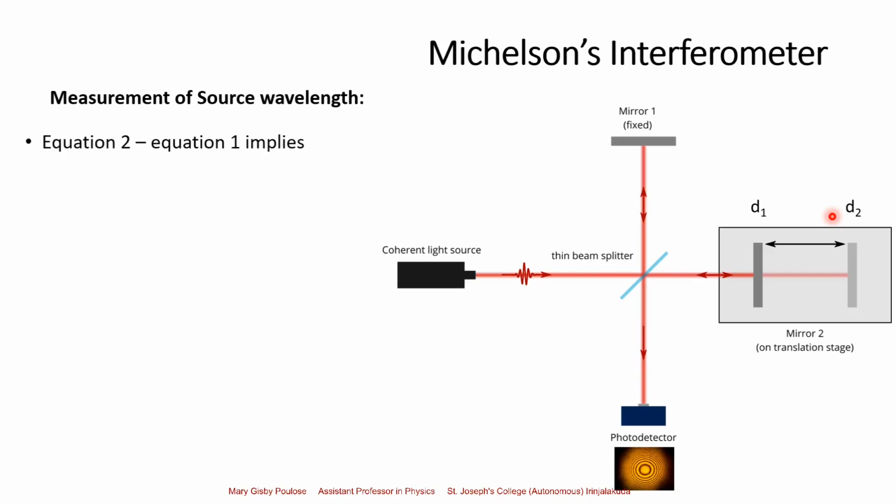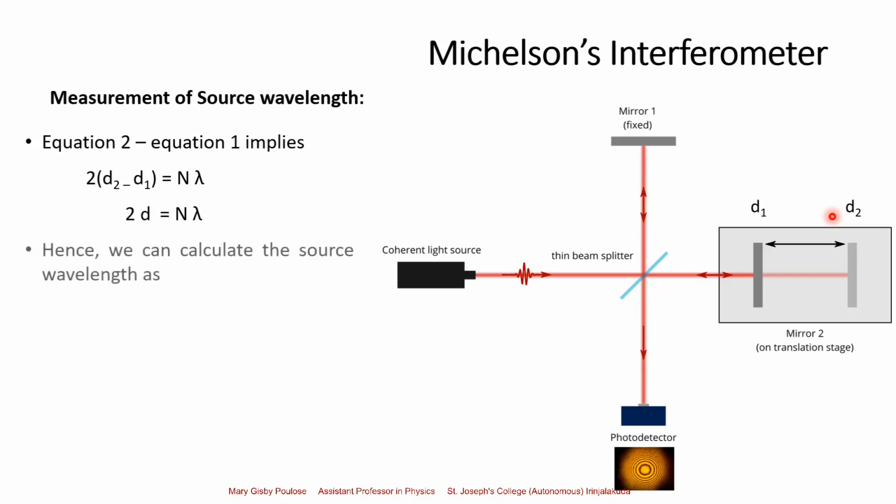Now, the second equation minus the first equation gives us 2(d2 minus d1) is equal to n lambda. That is, 2d is equal to n lambda.